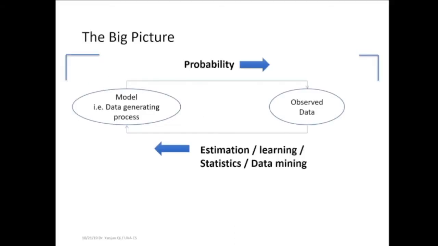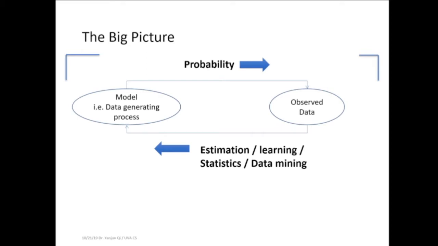So the bigger picture. What is probability? In one sentence, it's a type of model trying to see how data are generated. It goes from the model to the data, and the other way is from the data to the model. That procedure is normally called estimation, learning, or statistics.